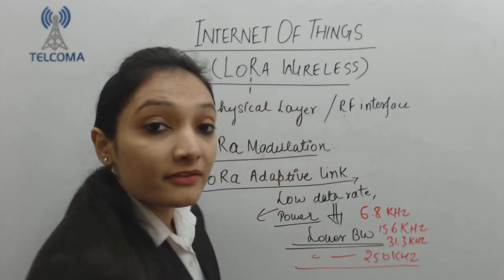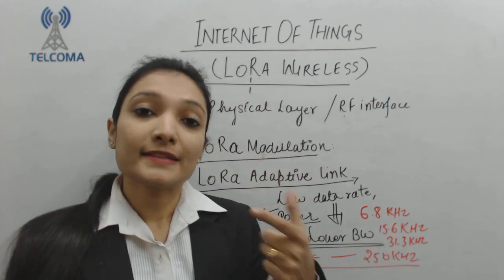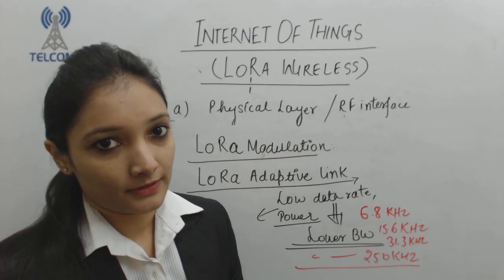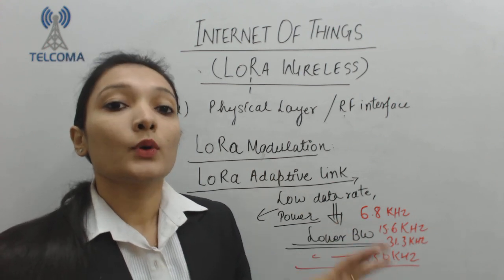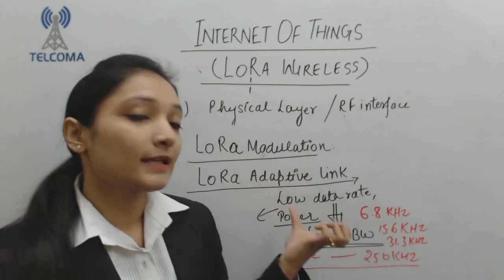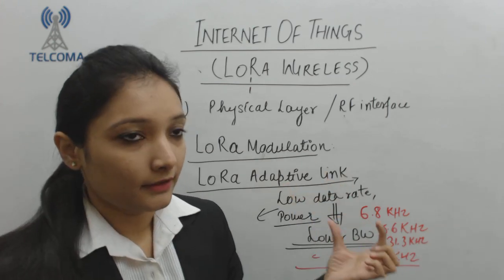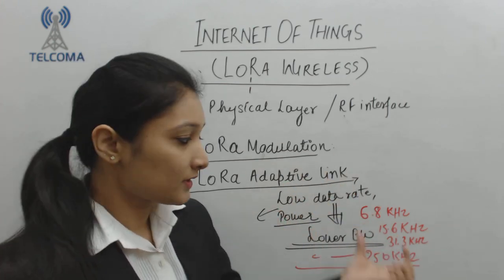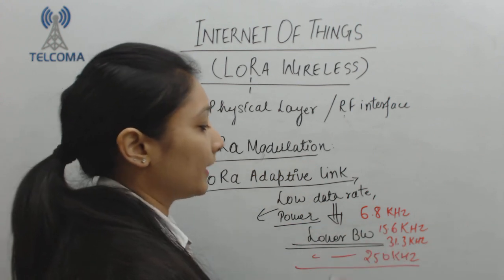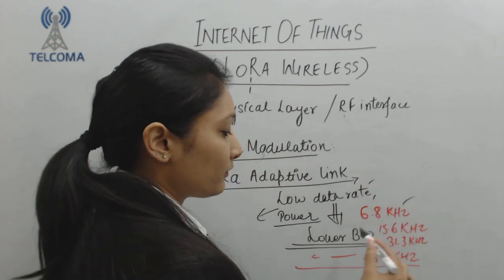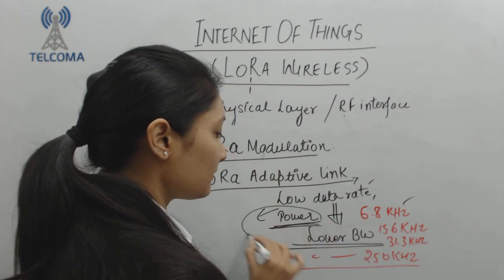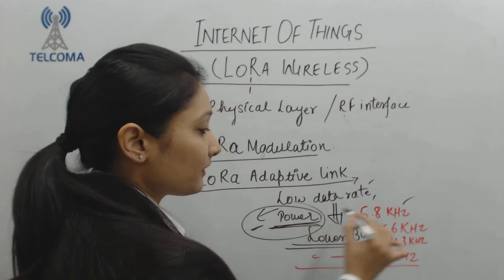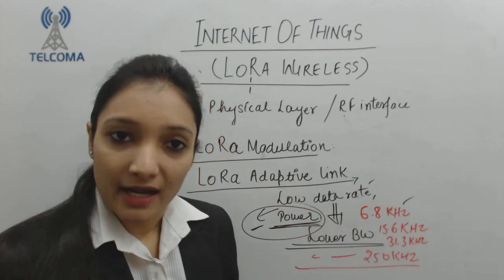So this bandwidth can be selected according to the requirements of your data throughput. That's why we can say that it's an adaptive link. Similarly, we have adaptive power control also, because that depends upon these things: your data rate and the selected bandwidth, so it is adaptive according to these parameters.